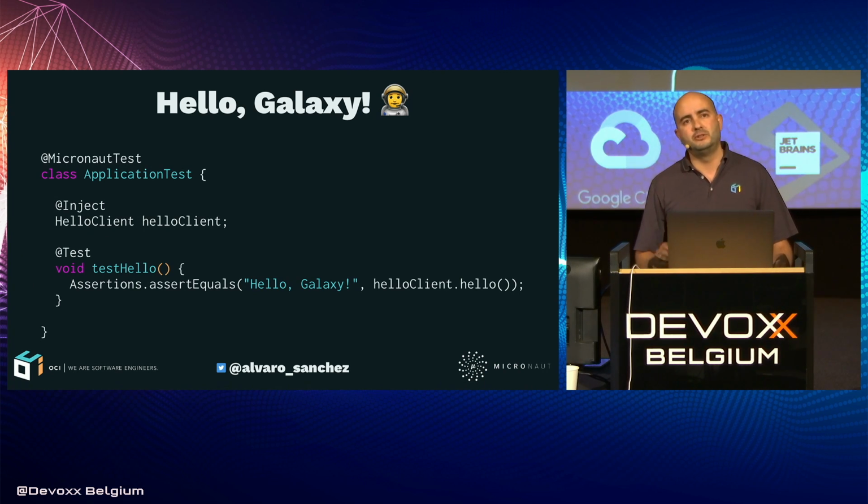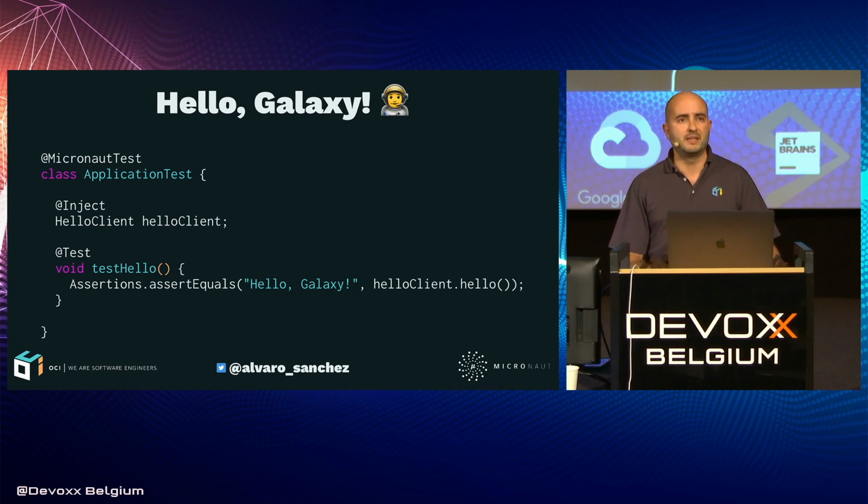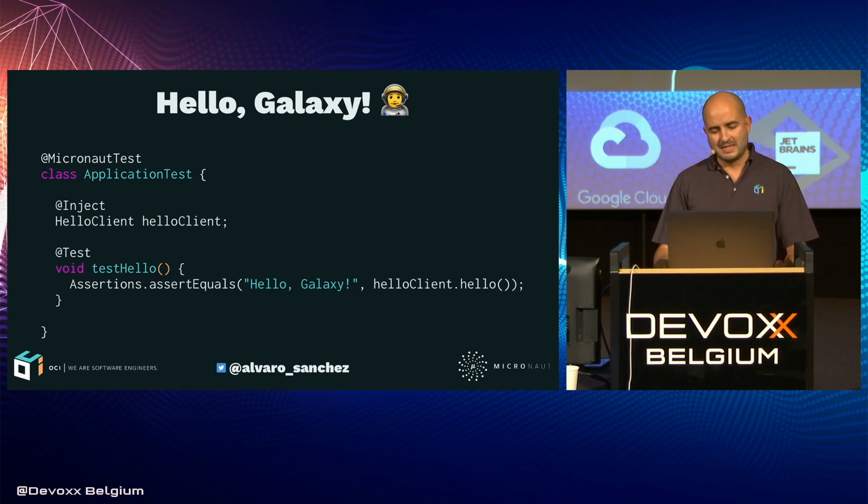So the idea is that you spin up an instance of your application, and from there you can choose, for instance, to retrieve an HTTP client attached to that instance and make HTTP requests to your application, or to do dependency injection in your test to retrieve a bean and make a call to that bean.